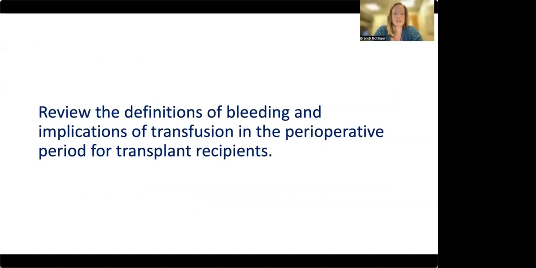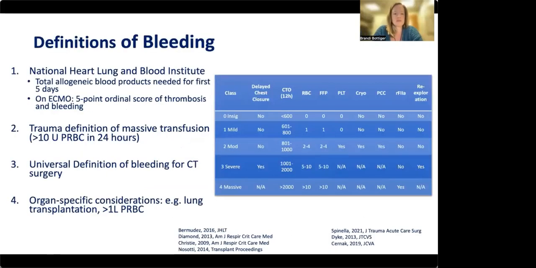So to start with, what does it mean to be bleeding during a lung transplant? What are the definitions that are published in the literature around this? The definitions of bleeding that are most newly published, actually in the last 24 months or so, are the NHLBI guidelines, which define bleeding as a composite that totals the allogeneic blood products needed for the first 5 days.